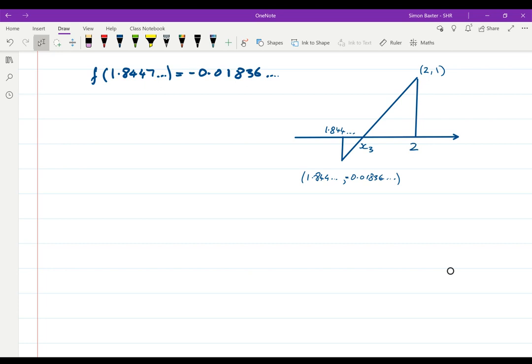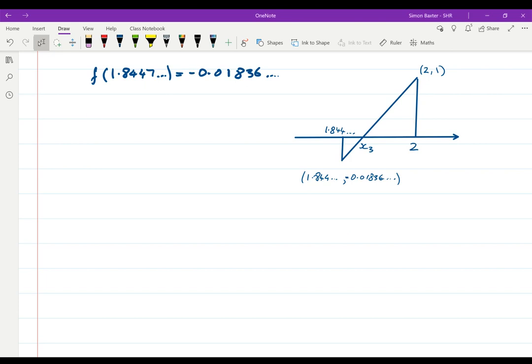There it is. We again have similar triangles here and here. So we're looking at that length divided by that one is equal to 1 divided by that length there.